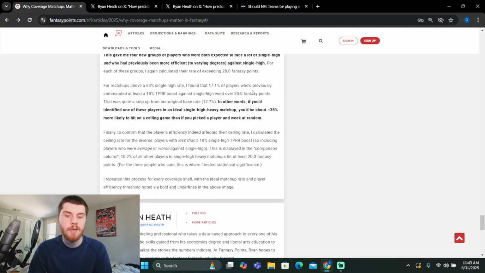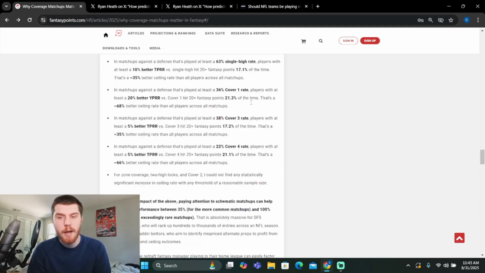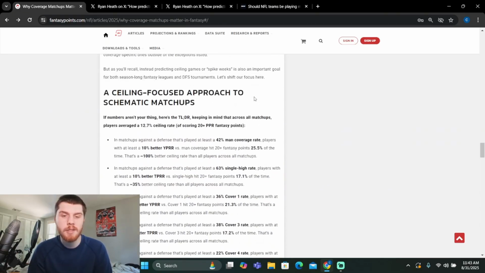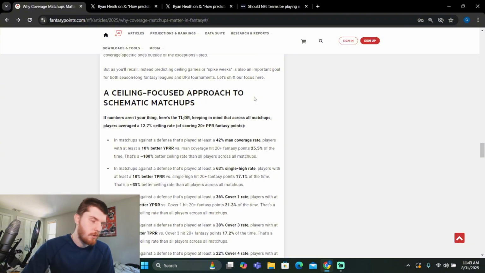In any managed format, if you have two similarly projected players and you can play the higher upside play whenever you need to, that is truly a valuable thing, right?